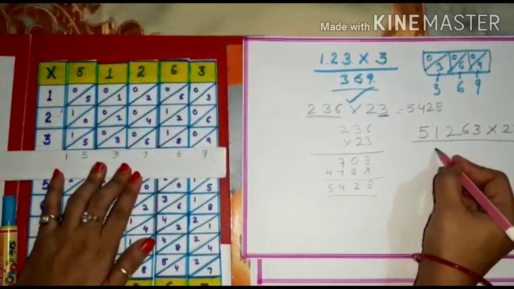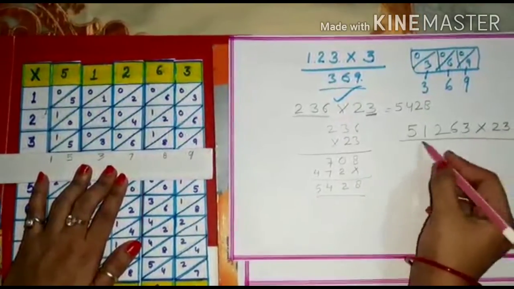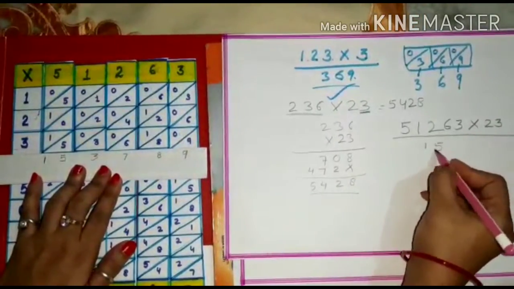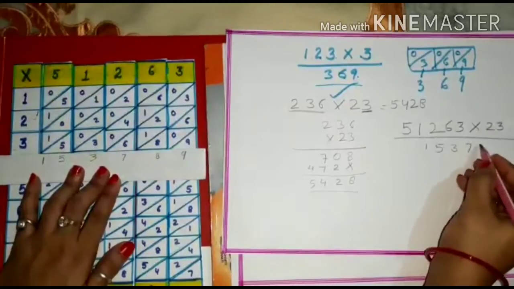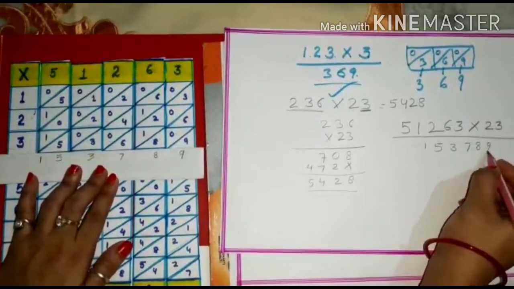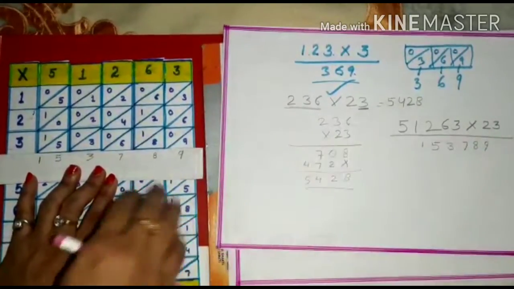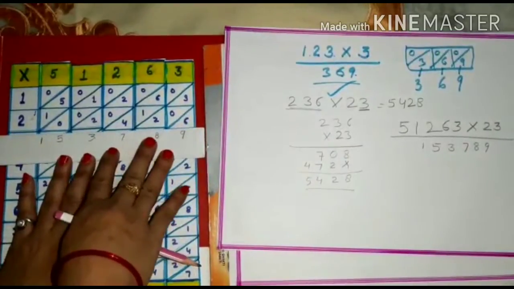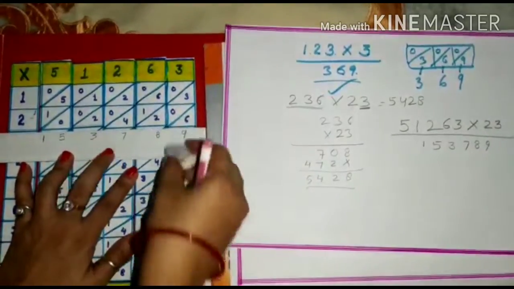So let us write down. When it is multiplied by 3, the result is 153789. Now let us multiply this whole number by 2. So let's shift up and erase this.